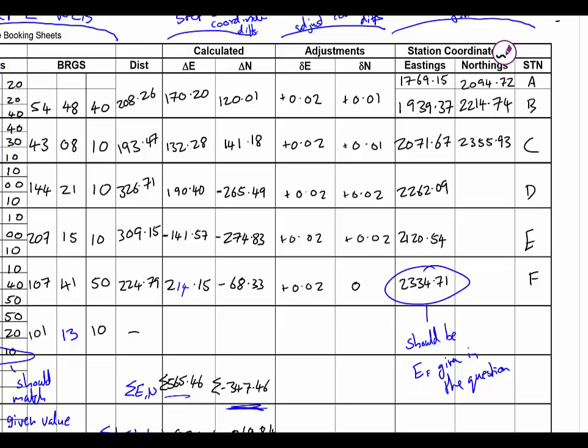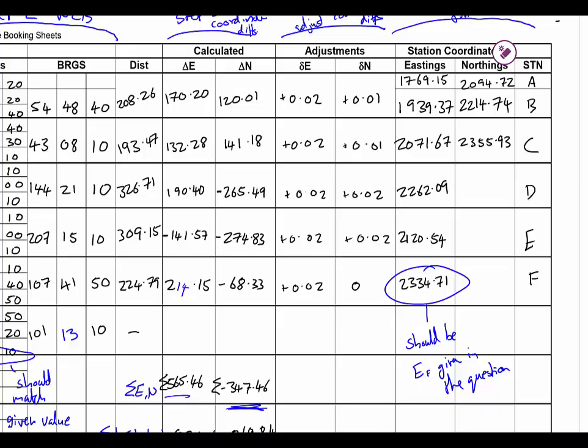From C to D, plus 190.4, plus 0.02. 2,355.93.